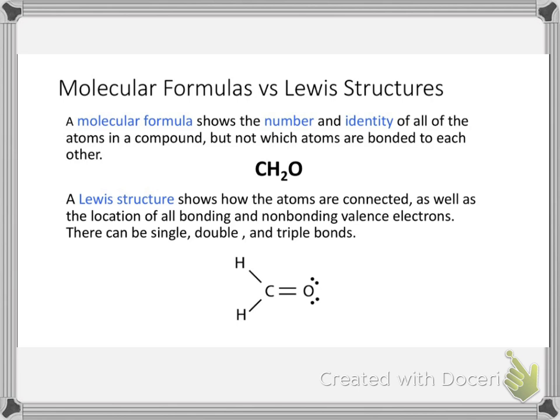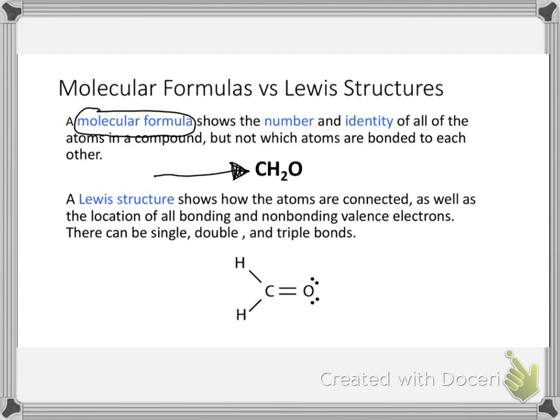A molecular formula shows us what type of atoms and how many there are of each. Molecular formulas do not have to show us how they're connected to each other, so what kind of bonds or lone pairs. It really is just telling us what's there.